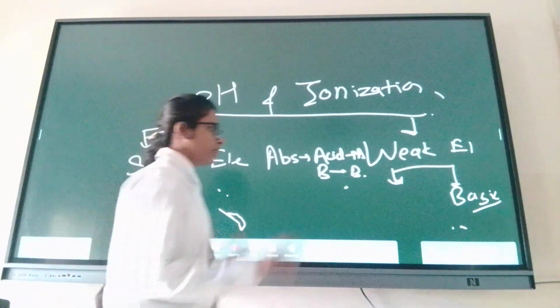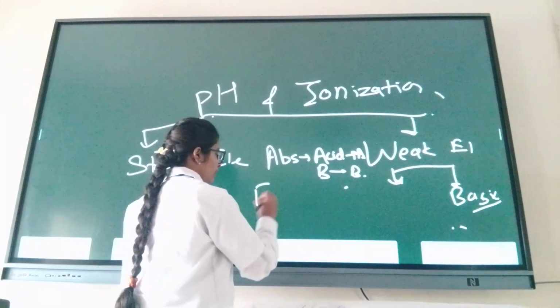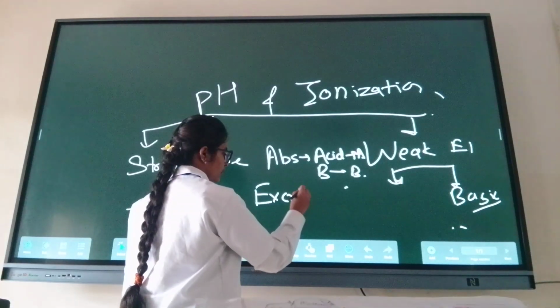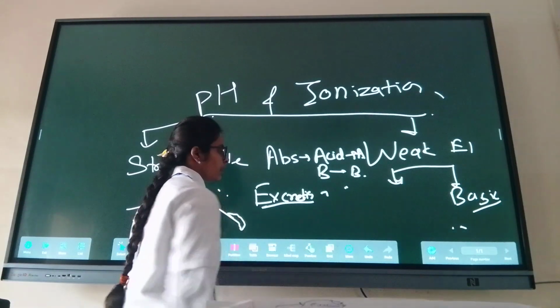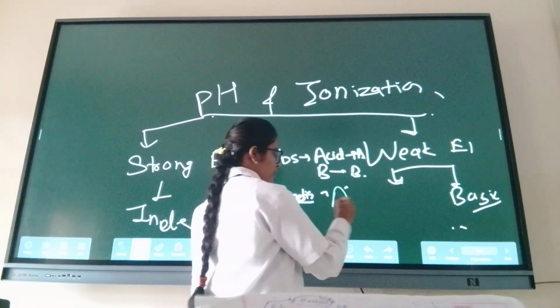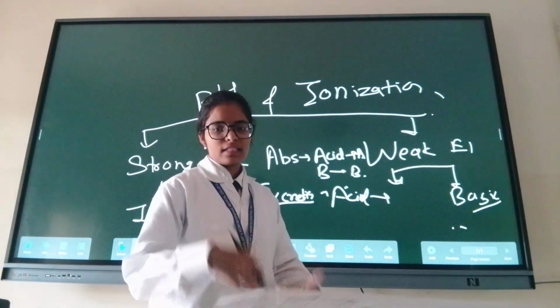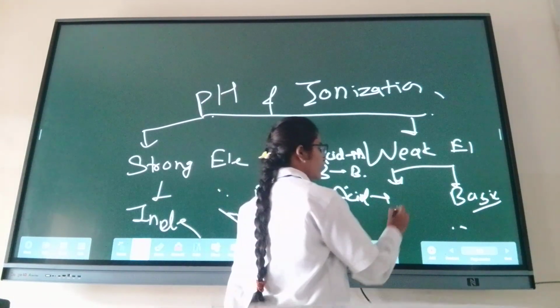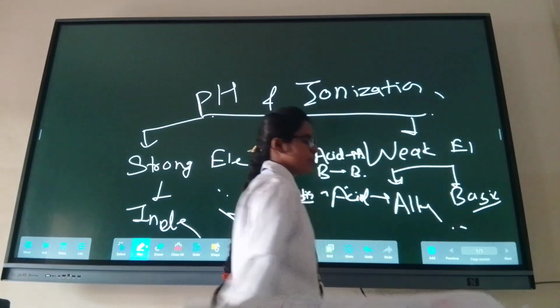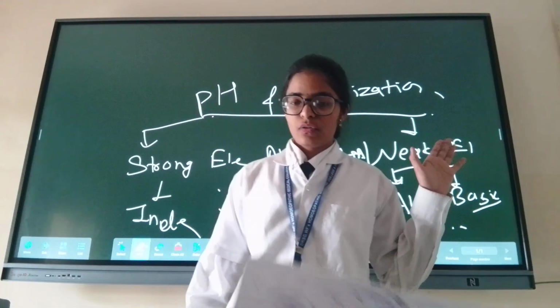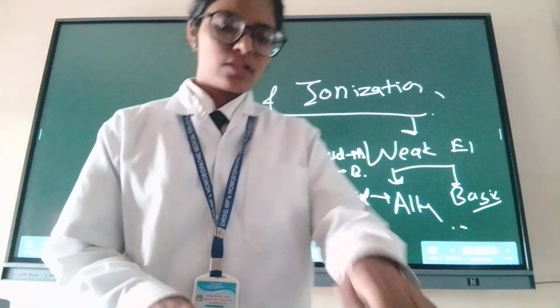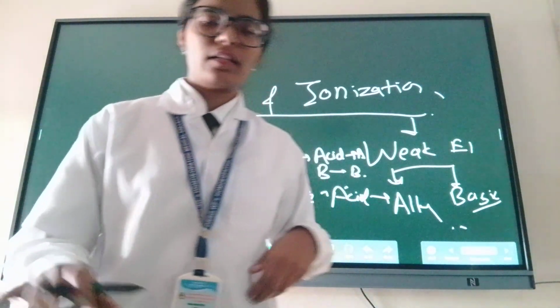Now, here is the confusing part: excretion. Acidic drugs are excreted when the urine is alkaline. We can alkalinize or acidify the urine.